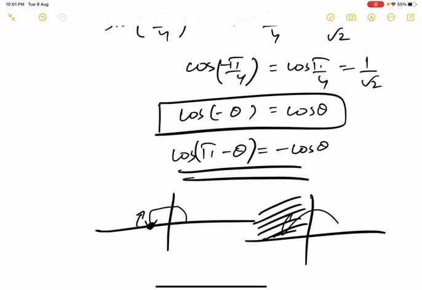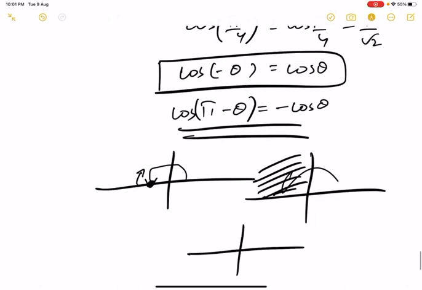But what about cos of negative theta? Negative theta means your rotation is clockwise. So negative theta means you are going like this, you are over here, third quadrant. So third quadrant x-axis is positive. That's why cos will remain positive.